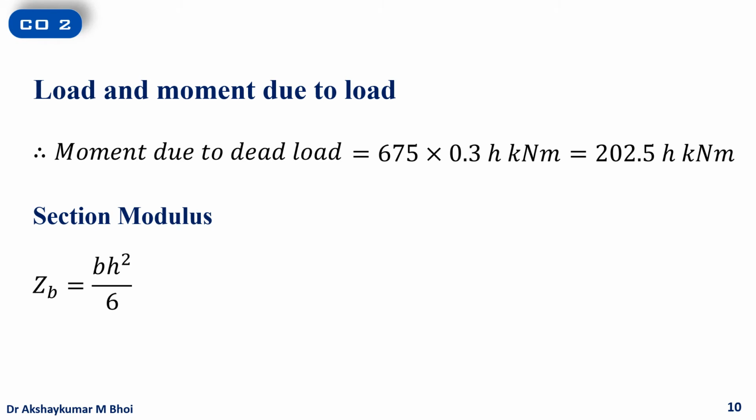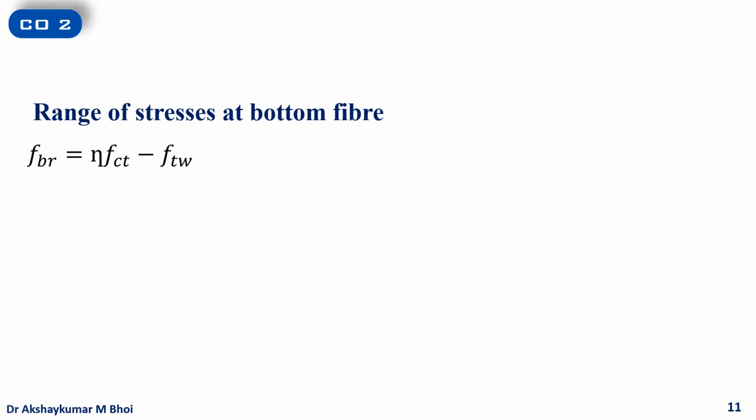The section modulus for a rectangular section is BH square by 6. Now the range of stresses at the bottom fiber, FBR, can be calculated by using the formula eta into FCT minus FTW.